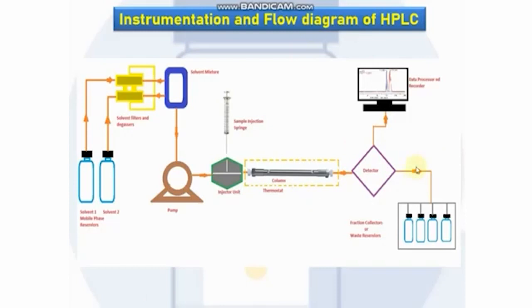Then the separated components that emerge from the detector lead into waste reservoirs when the method is used for analytical purpose. On the other hand, they are led into fraction collectors when the method is used for separation as well as analytical purpose. So this is the instrumentation and flow diagram of HPLC.